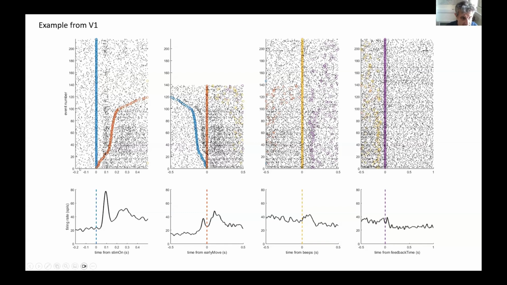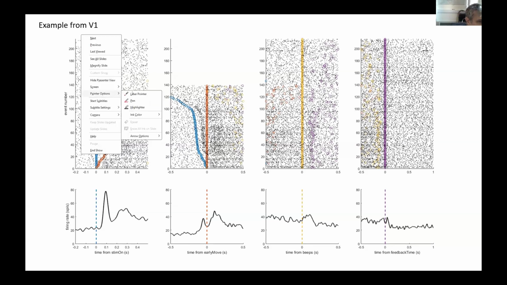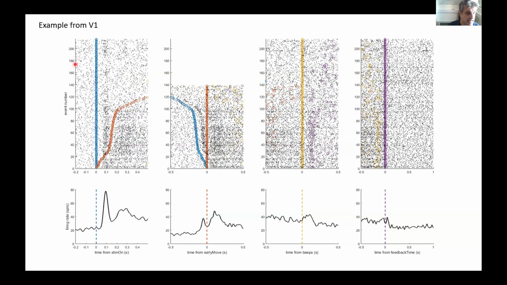So the x-axis is time in seconds. The y-axis, I'm assuming you can see my mouse, let me see if I can switch the pointer. Yeah. The y-axis is the trial number, and they're sorted in a particular way. So first, let me tell you what these colored dots are.